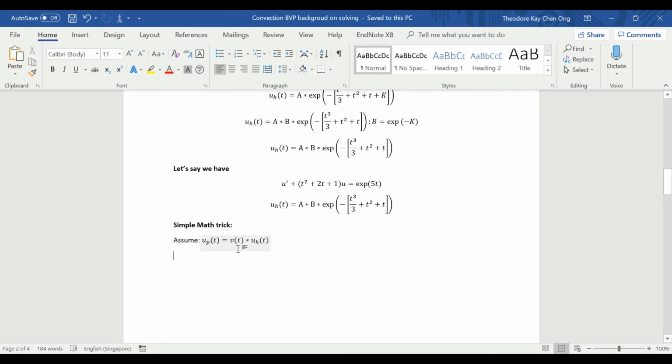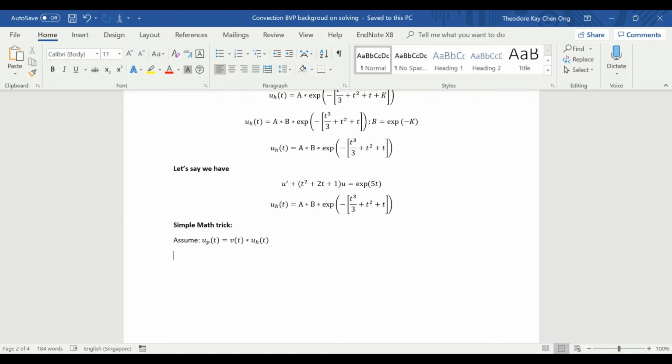So what we are saying is that we can just come up with some random function v(t), and we assume that this v(t) relates this homogeneous solution to this particular solution. Now this may seem a bit iffy, especially when your homogeneous and particular solutions may look nothing like each other.